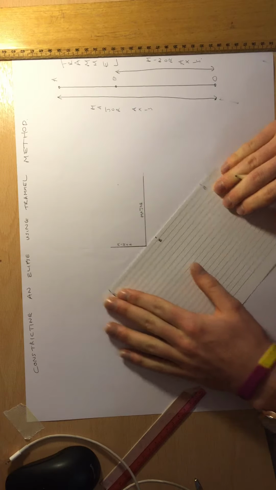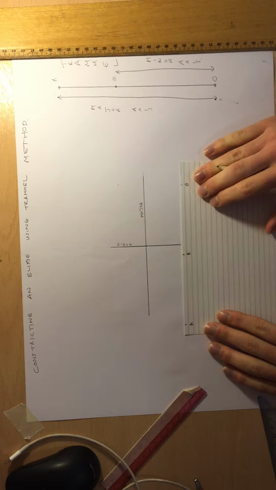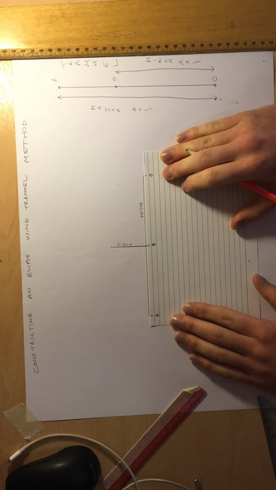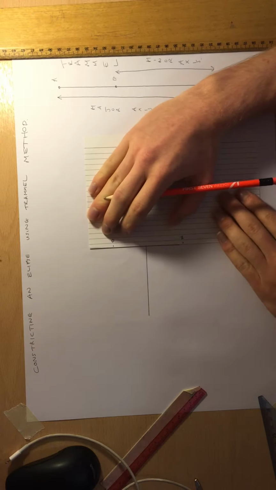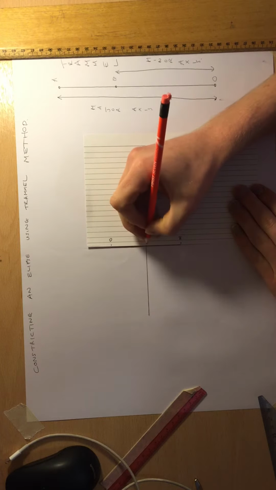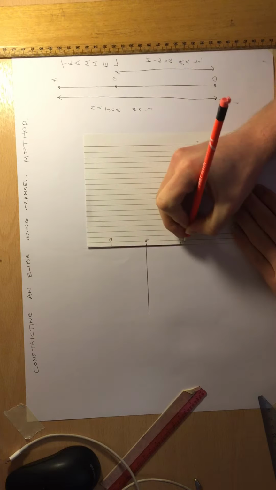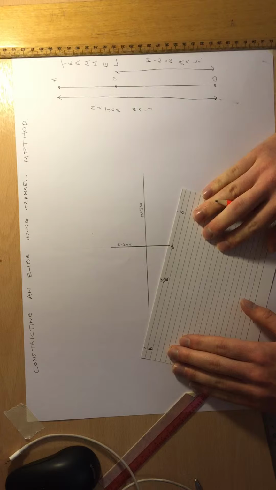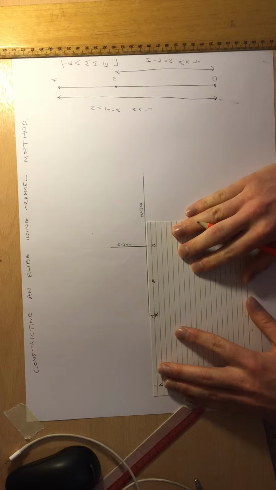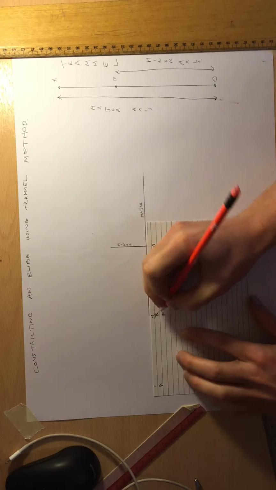This is A. This is B. And it only needs to be half, so that's it.